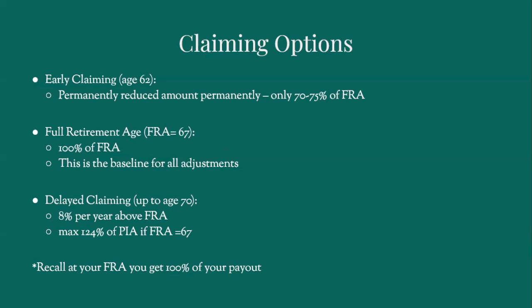If I filed at age 68, I get 108%. If I did it at 69, I get 116%. If my FRA was 66, and I delayed to age 70, I would be able to get up to 132% of my baseline 100% benefit. Recall your FRA is when you get 100% of your payout.